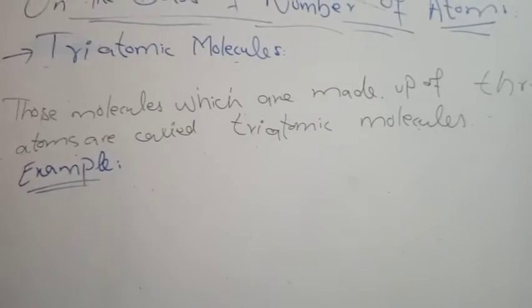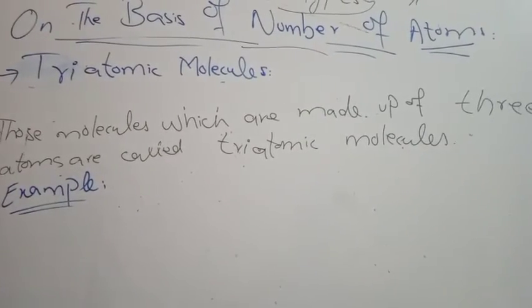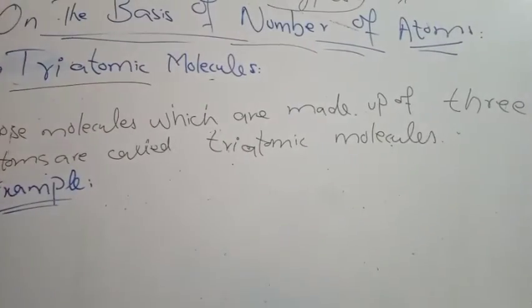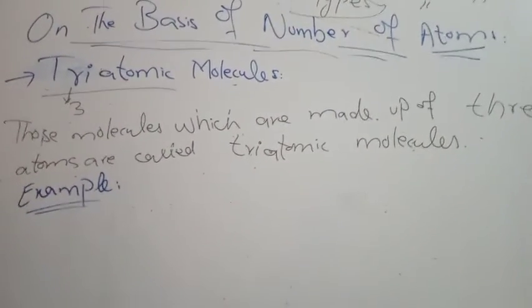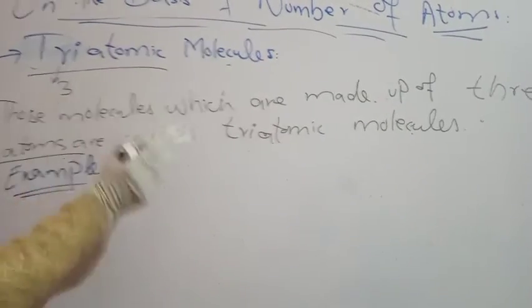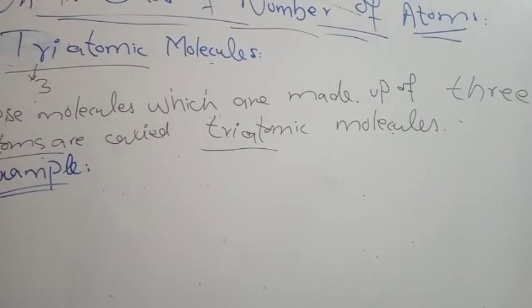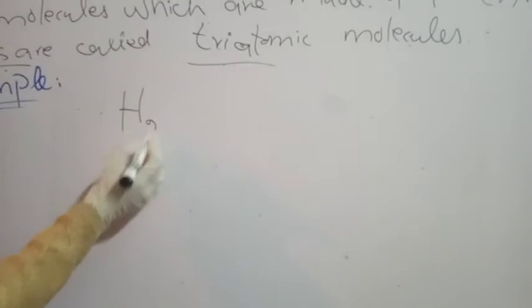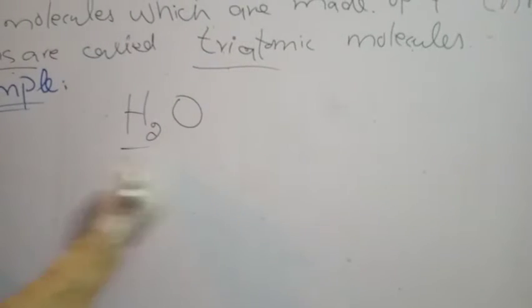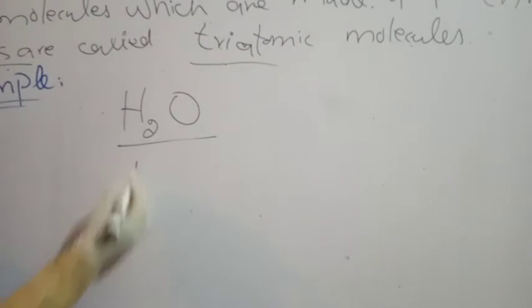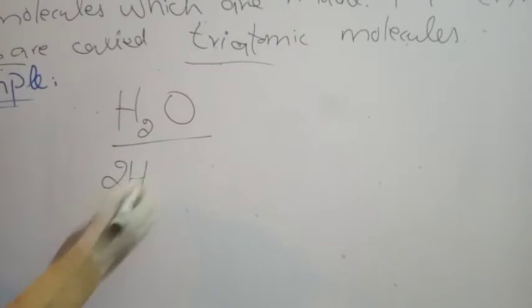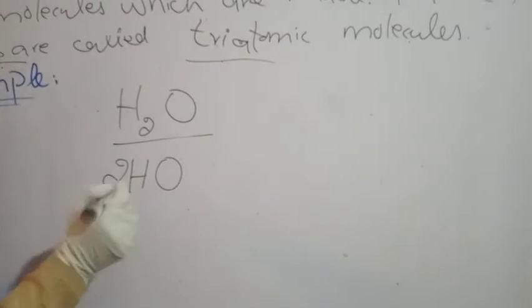Now another type of molecules on the basis of number of atoms is triatomic molecules. Tri means 3. So those molecules which are made up of 3 atoms are called triatomic molecules. Let's see examples. H2O is water, and water is an example of a triatomic molecule. The 2 indicates there are 2 atoms of hydrogen, and O means there is 1 oxygen.